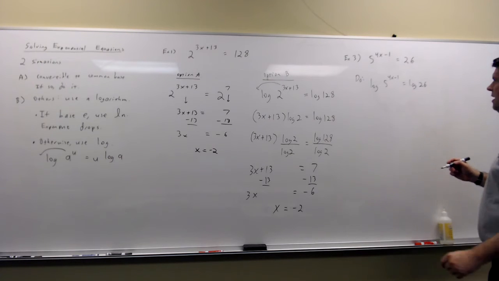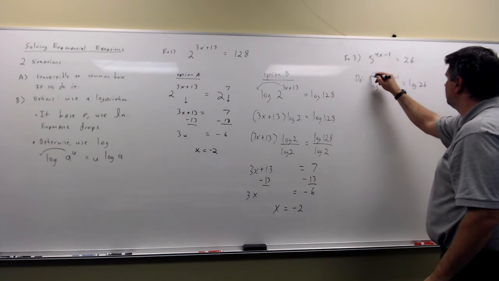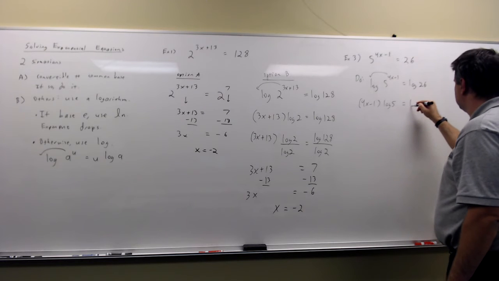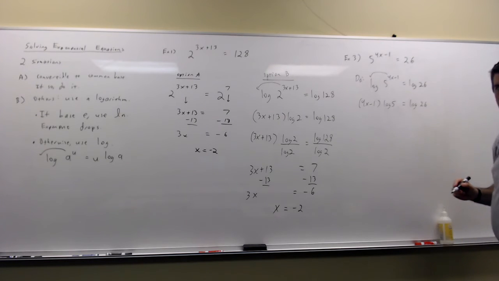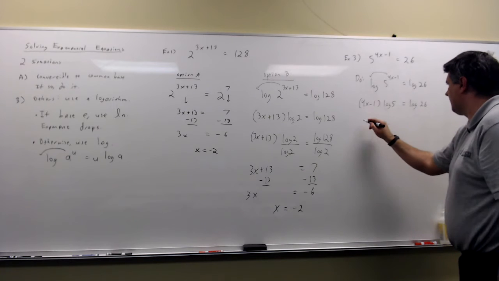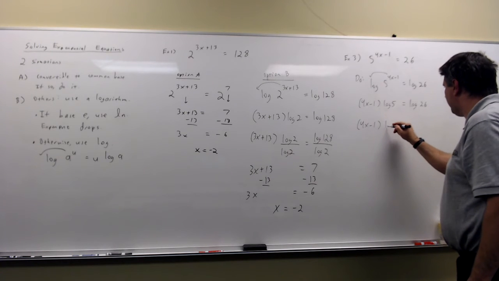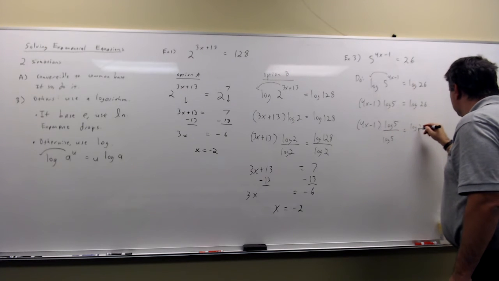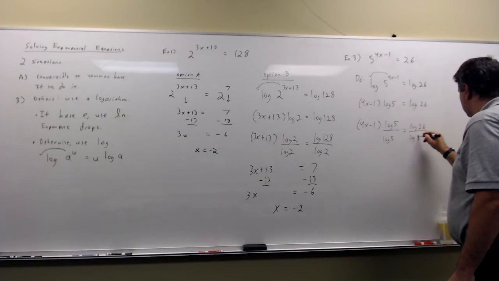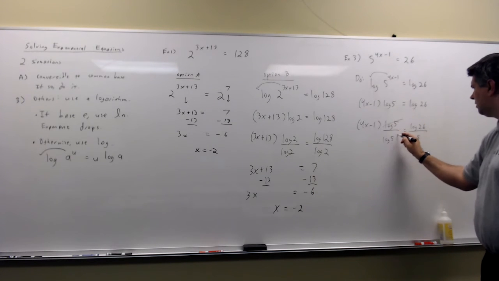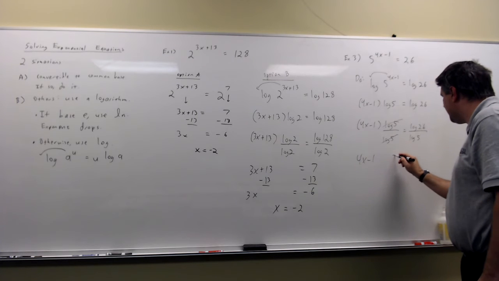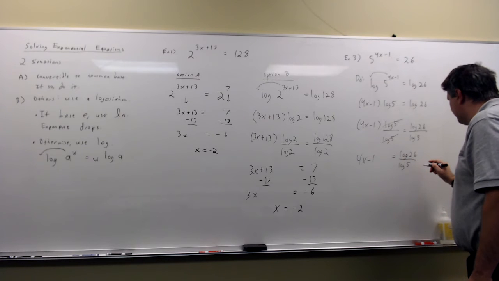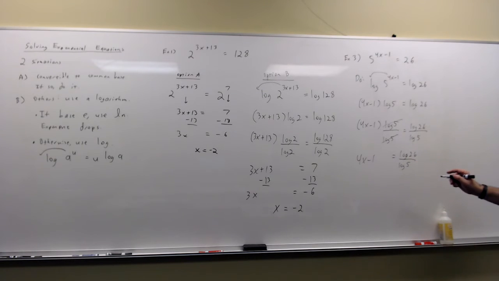That will allow me to take this to the front in parentheses. And then we're going to divide off the log on the left side. Cancels over here. We have 4x minus 1 equals log 26 over log 5. And then we're going to add 1.